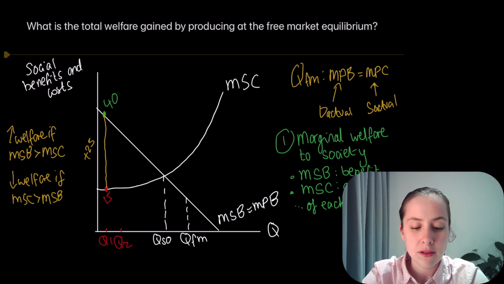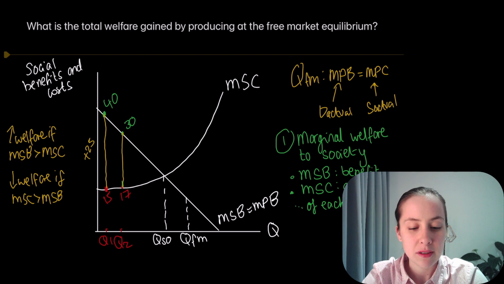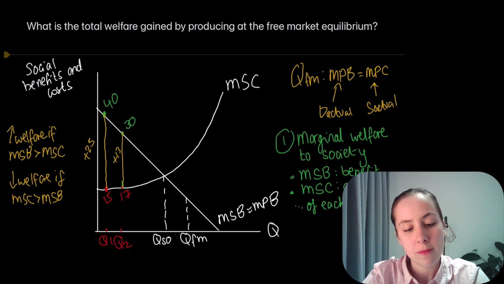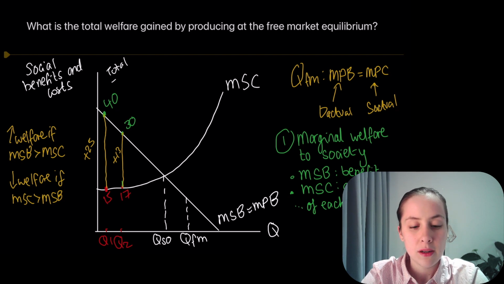At Q2, at a cost of something like 17, it has a benefit of something that looks a little bit smaller, maybe around 30. And therefore has had an additional 13 welfare added on. So to give you an indication of what's happened, if the welfare at 0 was 0 and Q1 added 25, the total welfare is now 25 at Q1. The total at Q2 is add on 13.